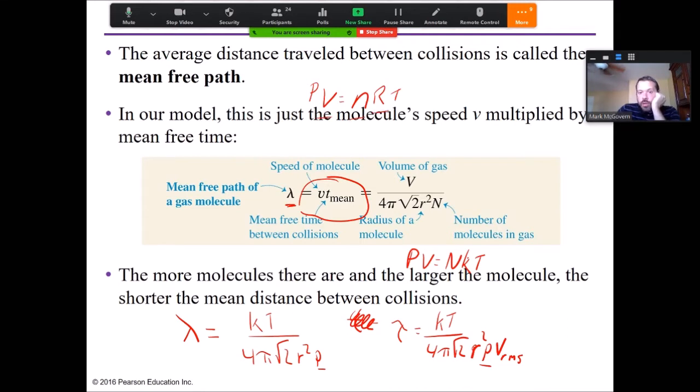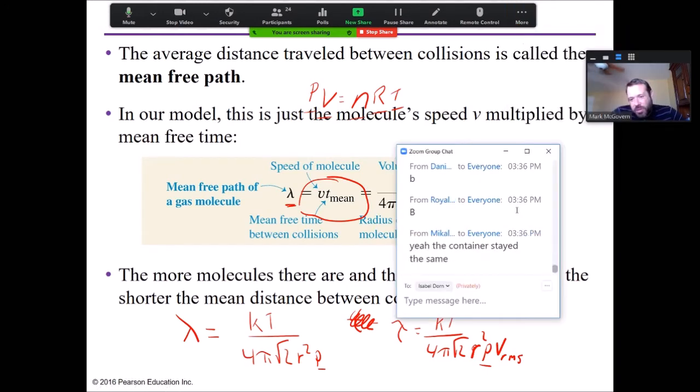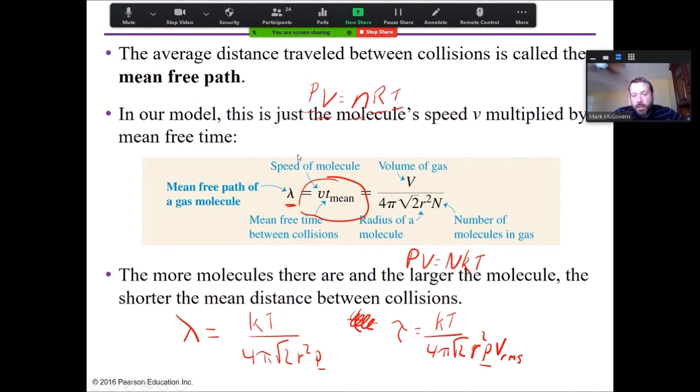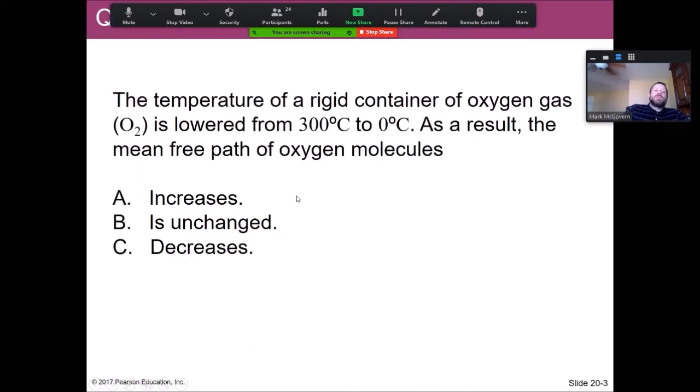No. Did the universe change? No. Did temperature change? Yes. So guess what? Pressure had to change. All right. But we go back to this expression here. And the only thing that's difficult about this stuff is it's just a million equations. There's a million equations. You just got to find the right one. And that's your job. And I'll help you out a little bit. Excellent work. I will try not to ruin the answer ahead of time, though.